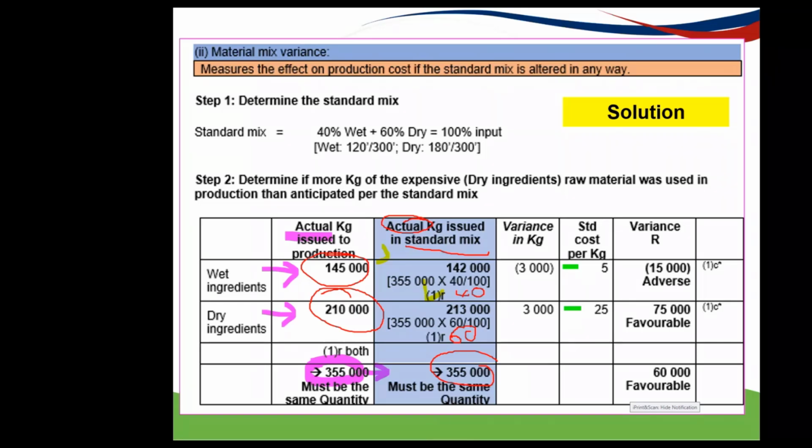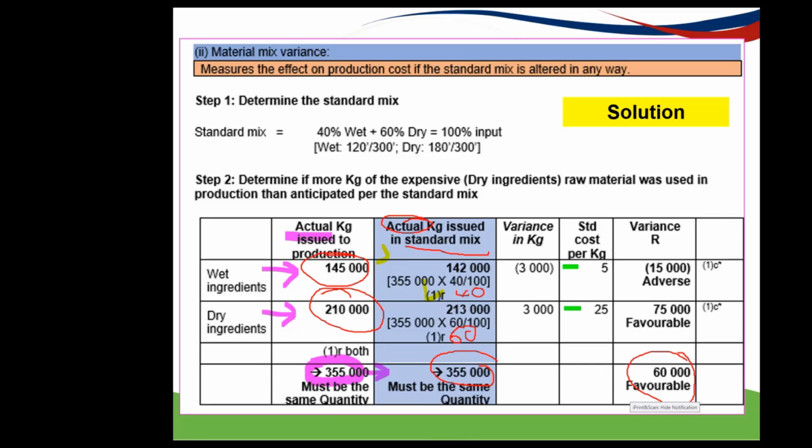Okay. So combined, yes, that does give us a favorable variance, but you have to look at the impact that this change had on the yield in combination to know if it was a good idea for her to play with the ratios between wet and dry.